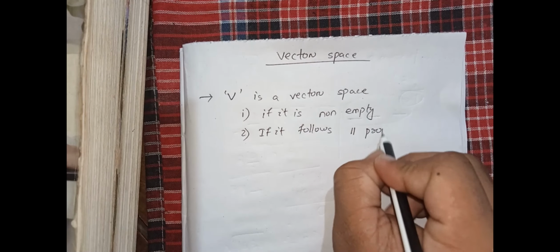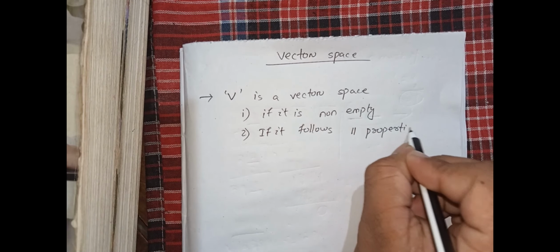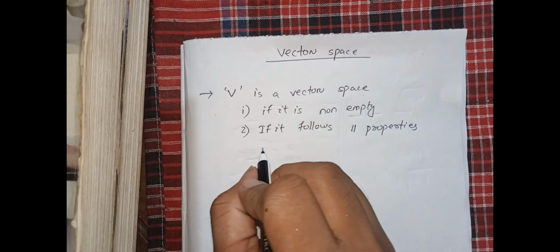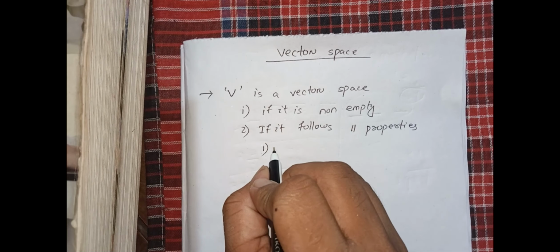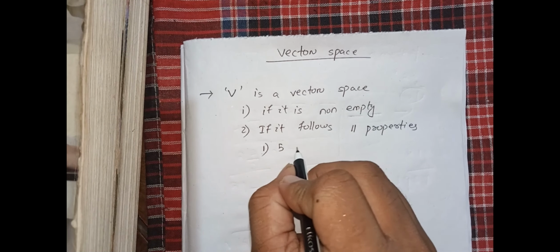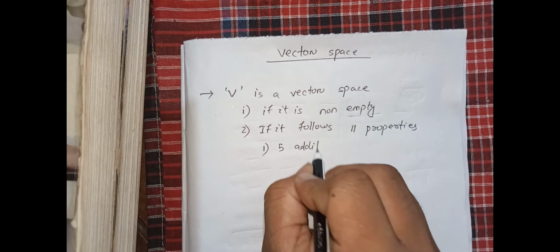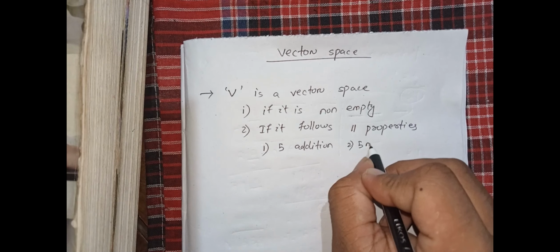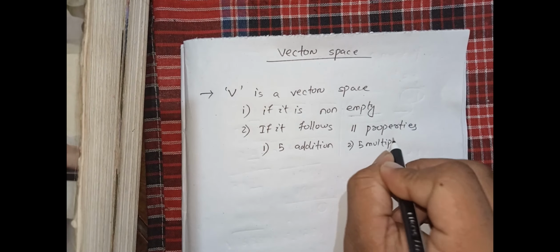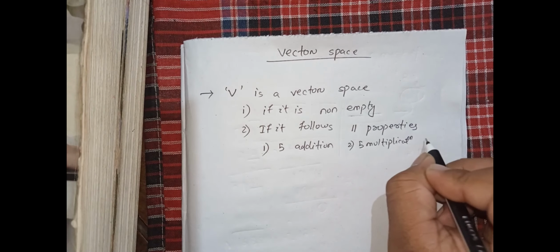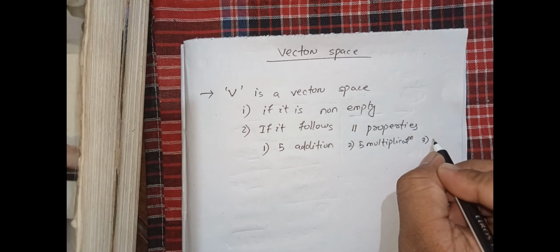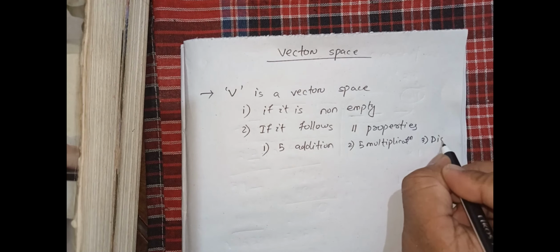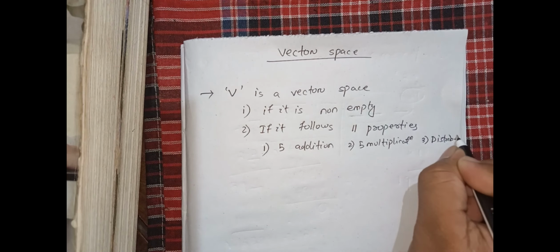11 properties. So what are the 11 properties? The 11 properties are: the first one, there are 5 addition properties, then 5 multiplication properties, and one property that is the distributive property. One distributive.